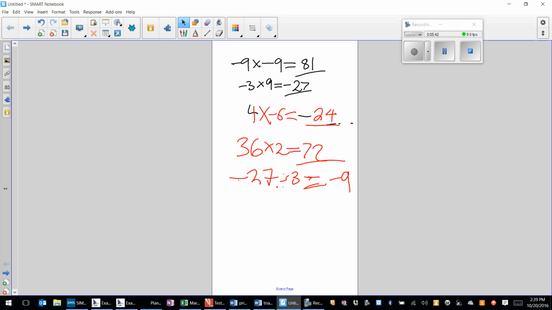Now that's a division sign. It's negative 27 divided by 3.